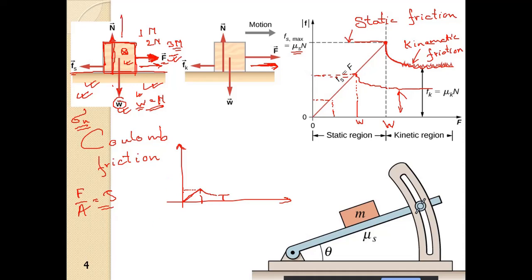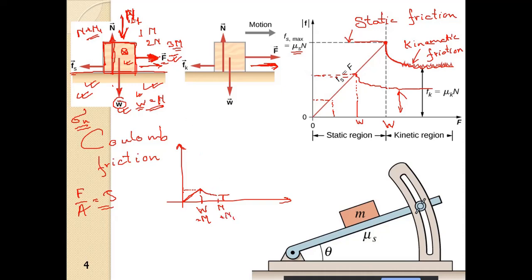Now if I apply an additional force, suppose N1, the normal force is now N plus N1. So this was W equal to N, now this is equal to N plus N1.